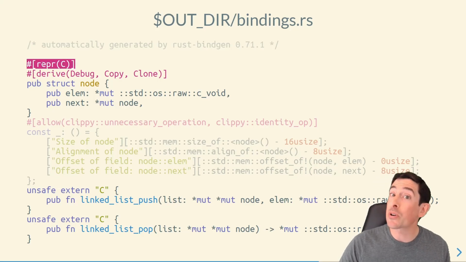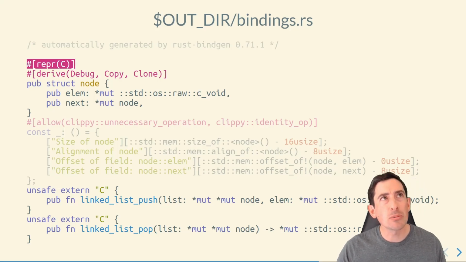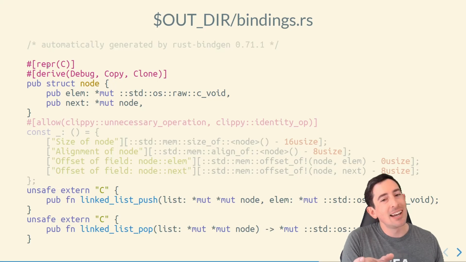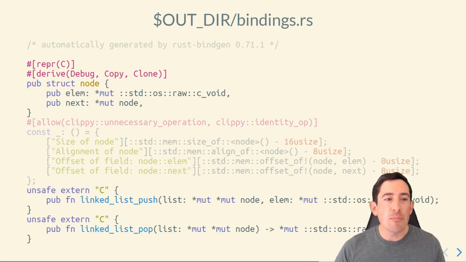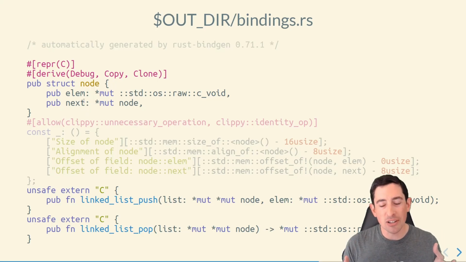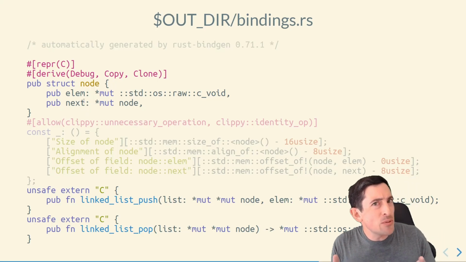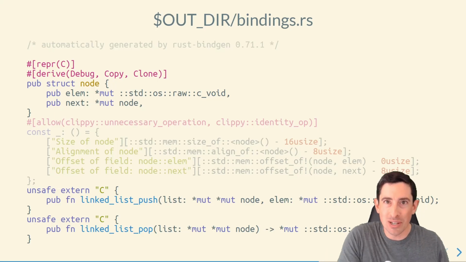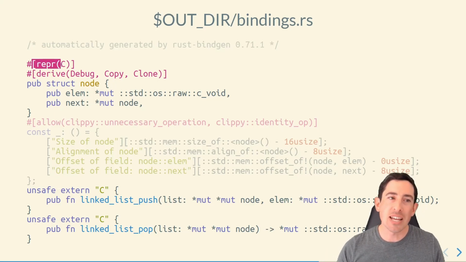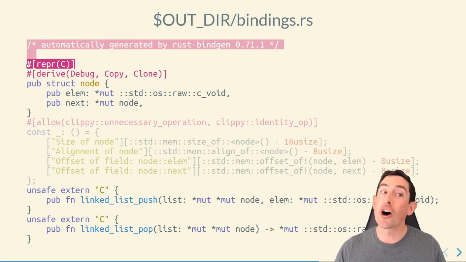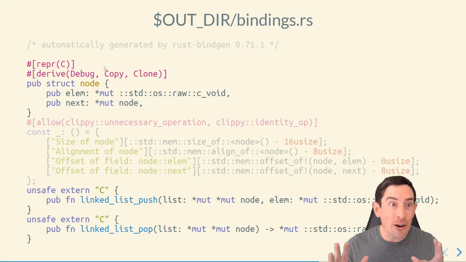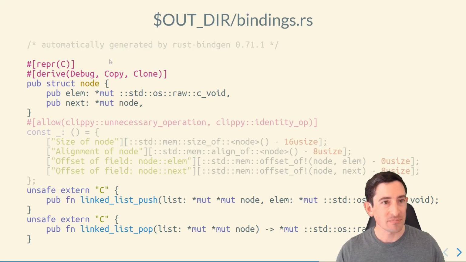What we can notice: repr(C), that's pretty similar to the extern "C" that we saw on our function declarations. In fact, we see it down here. It's extern "C". In both cases, they're telling the Rust compiler, do things the C way, which is clearly what we want here because we're talking to C code. We don't have to get into the details of what exactly that means, but if you read the Rustonomicon or something like that, you'll learn all about struct layouts in memory and all these things.